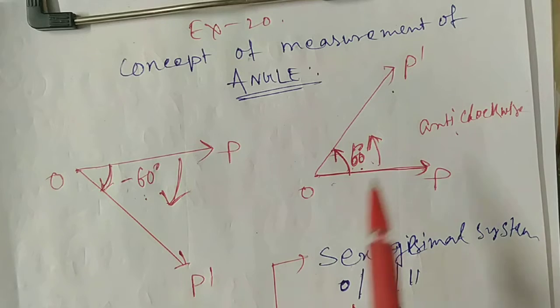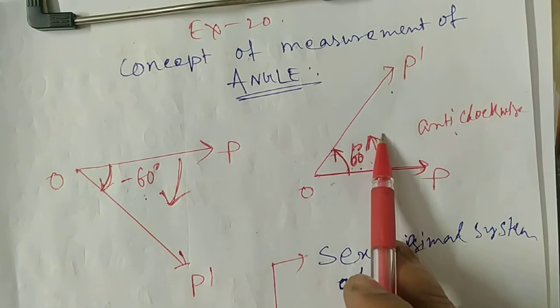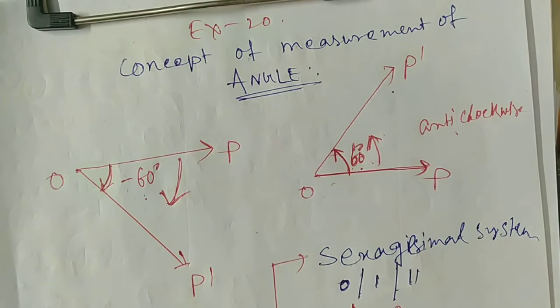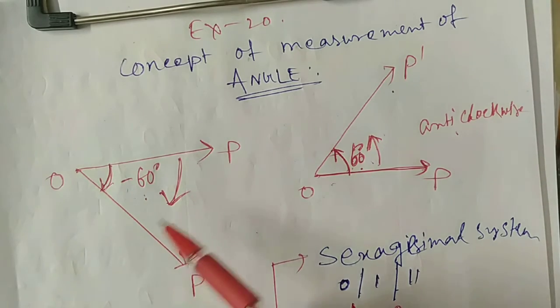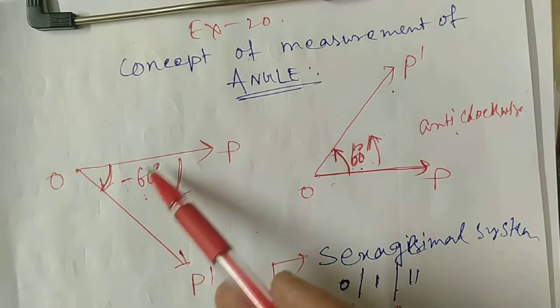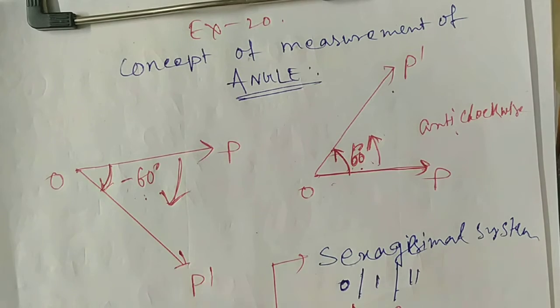That means if we take the anti-clockwise direction of any ray, then we express this angle by a positive sign, and if we take the clockwise direction of any ray, then it will be expressed by a negative sign.